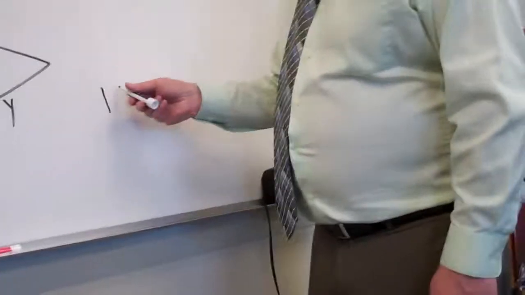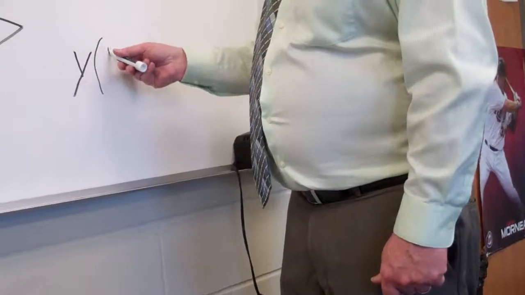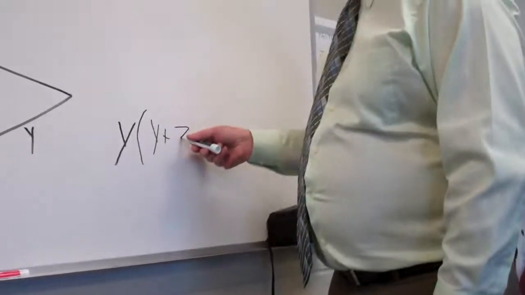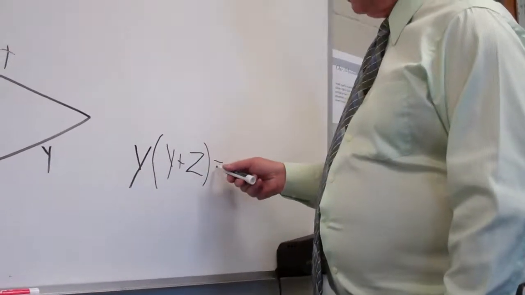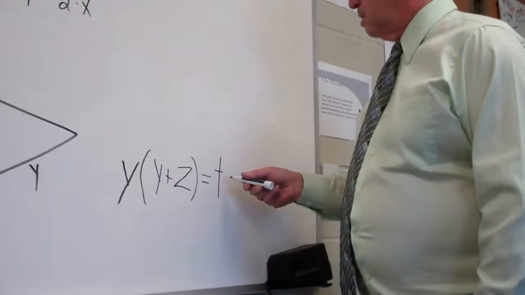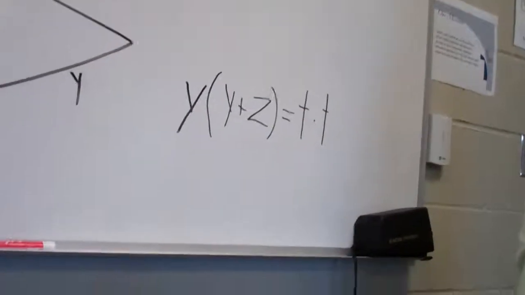Outside piece times whole thing equals outside piece times whole thing. T is the whole thing. It still works.